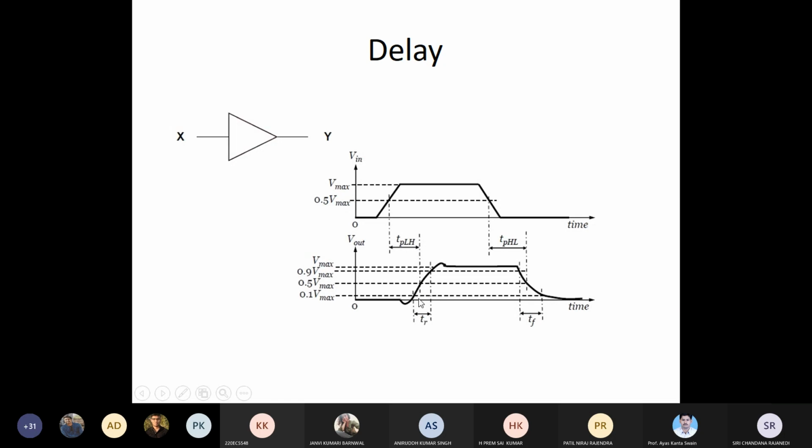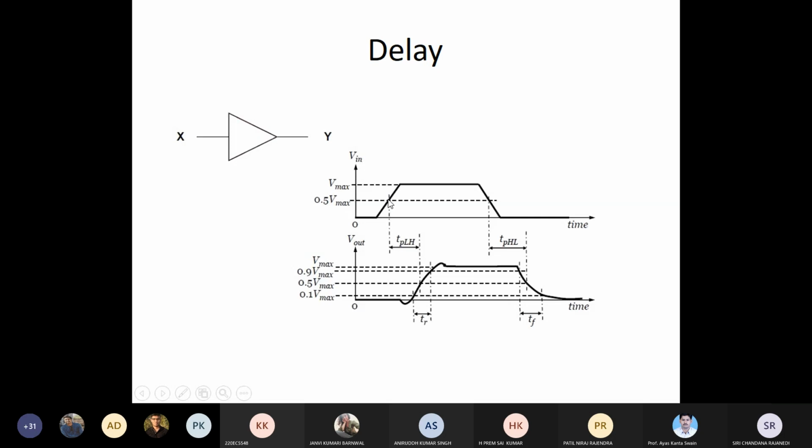Just see here, rise time is related to 0.1 to 0.9 and fall time is related to 0.9 to 0.1. This you also know. But for propagation delay, this is a buffer, so your input and output waveforms are the same.